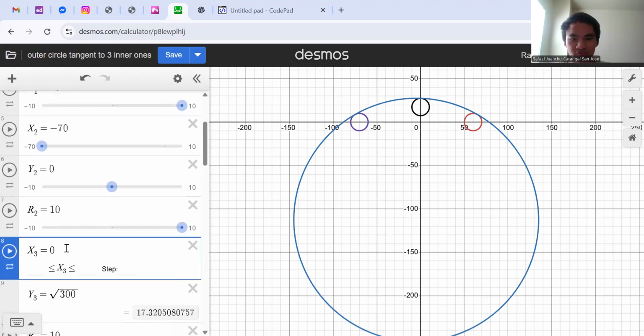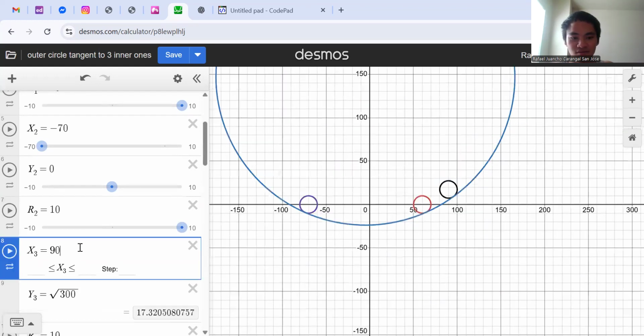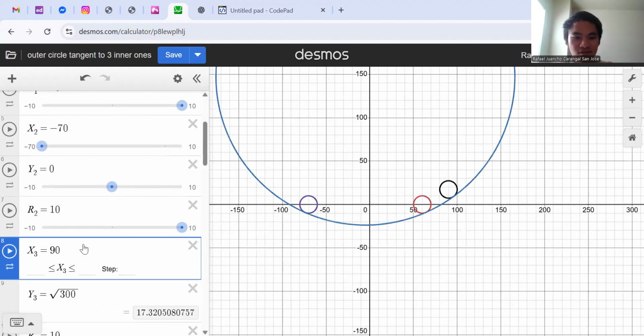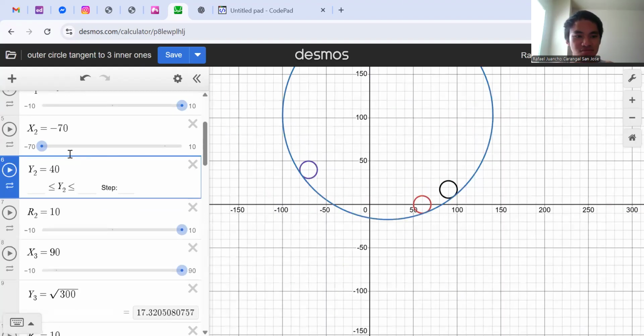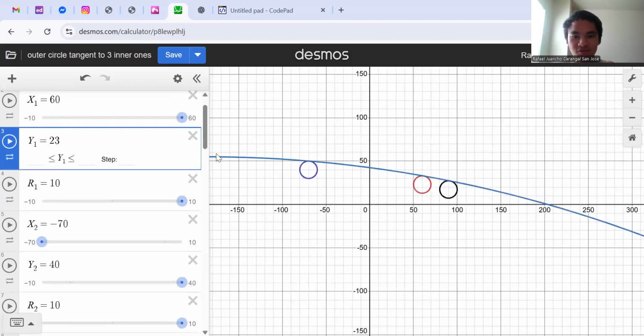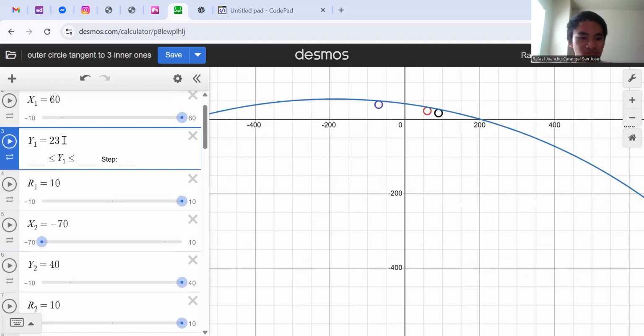I could even change my x3. I could make it like what, 90? Look at that. What if we do 96? Doesn't work. 90. What if I change my y's? Okay, here I'm just messing about. 40. Oh, I don't know. I changed this y to 23, which is a random number. Okay, so tangent, right?